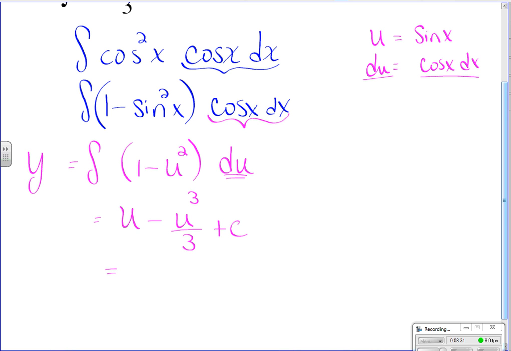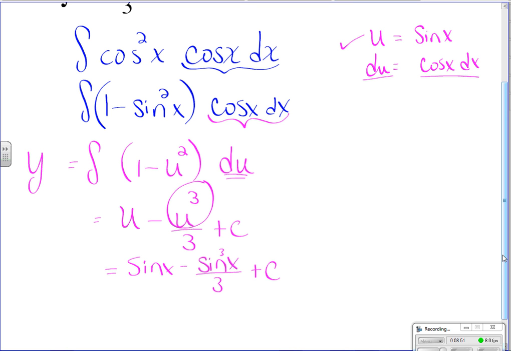Now let's substitute back in for u. U originally started out as a sine. So this will be sine x minus sine x cubed, divided by 3, plus c, because that was u cubed. And that one is done.